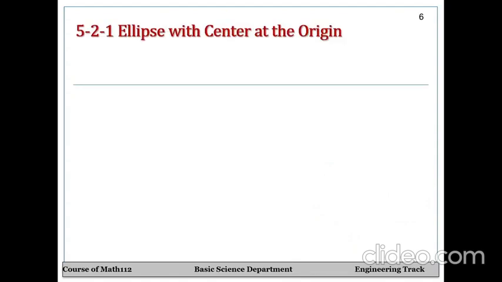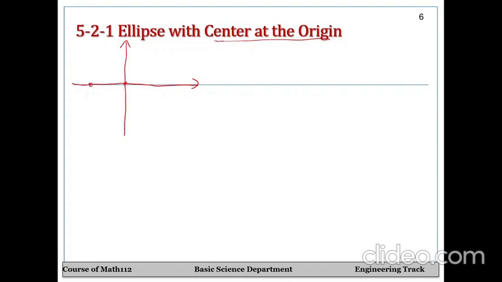Okay, now we will put our ellipse on the Cartesian plane. We might have two cases here, and we are focusing on the ellipses with center at the origin. So the origin will be the center of the ellipse.